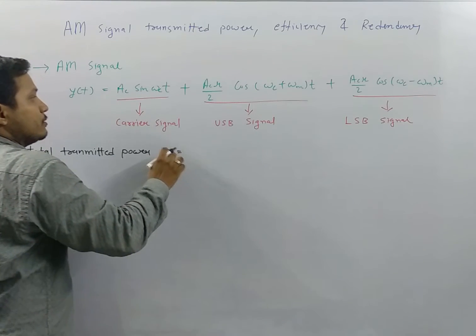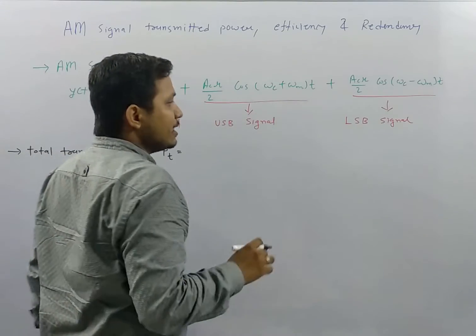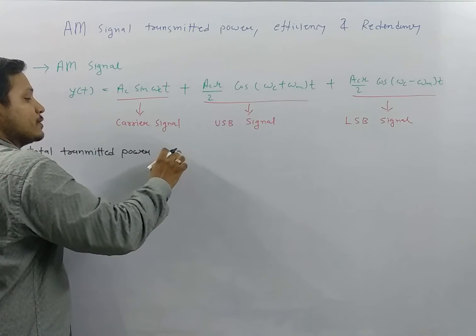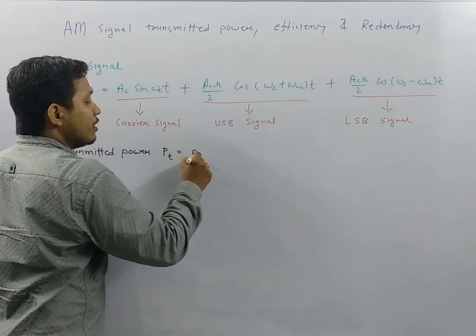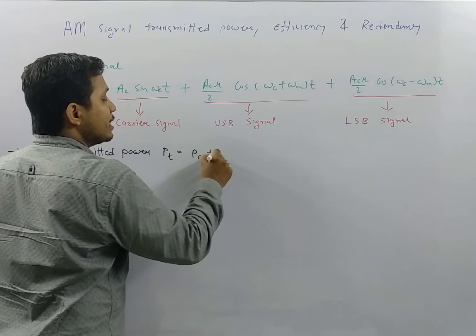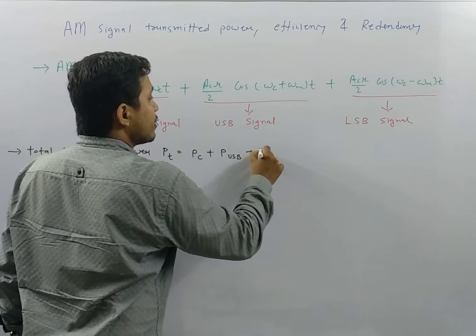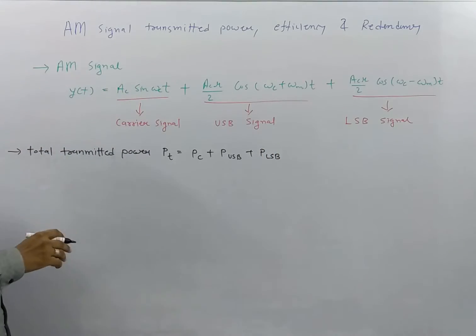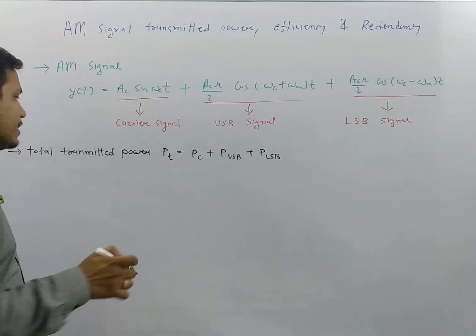That will be for carrier signal as well as for USB and LSB, upper sideband and lower sideband. So total transmitted power will be power of carrier signal plus power of upper sideband plus power of lower sideband.